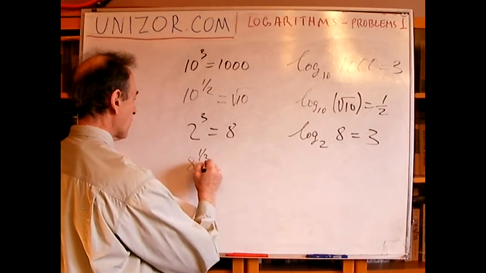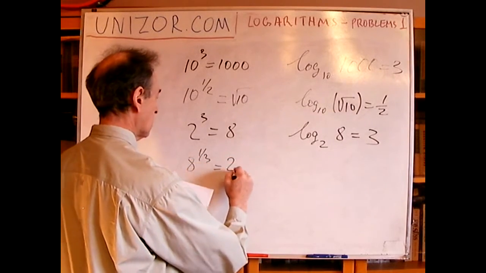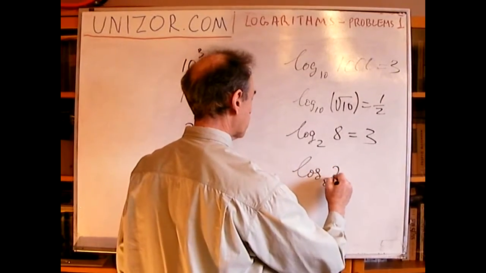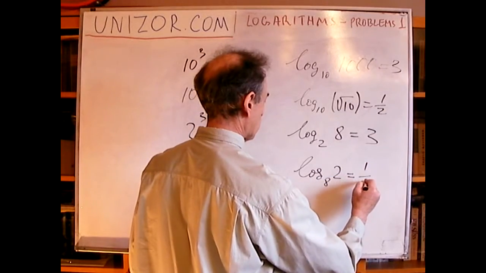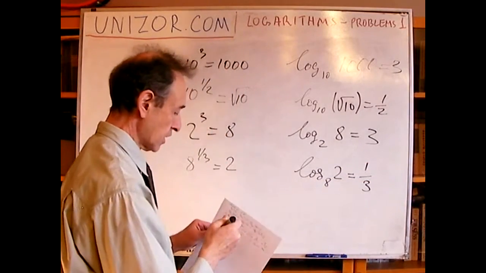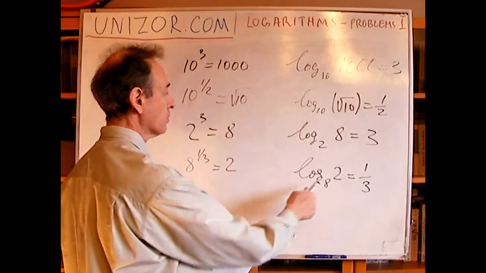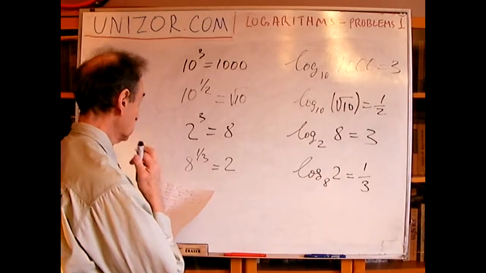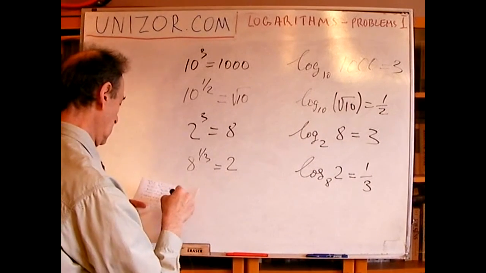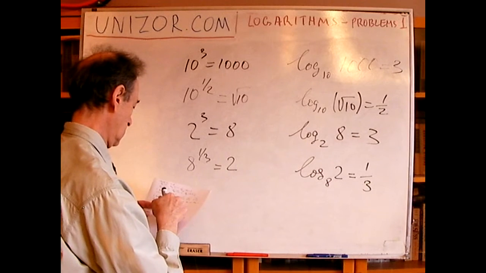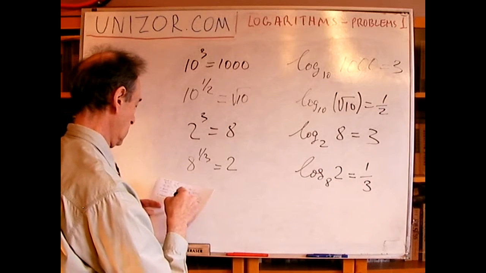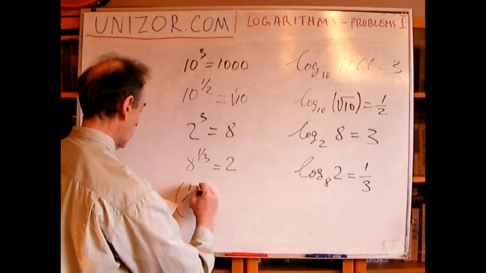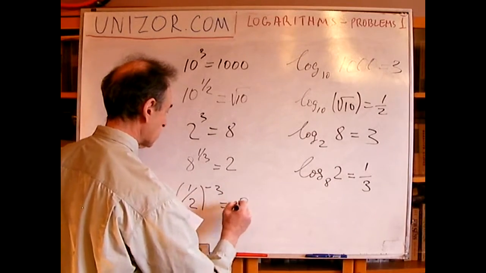8 to the power 1/3 is equal to 2, which means log base 8 of 2 is equal to 1/3. 1/3 is actually a cubic root, so cubic root of 8 is 2, obviously. One half to the power of -3 is equal to 8.